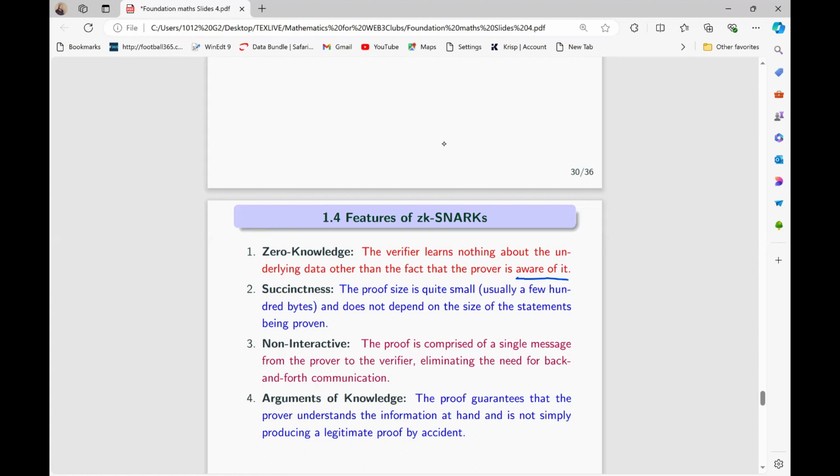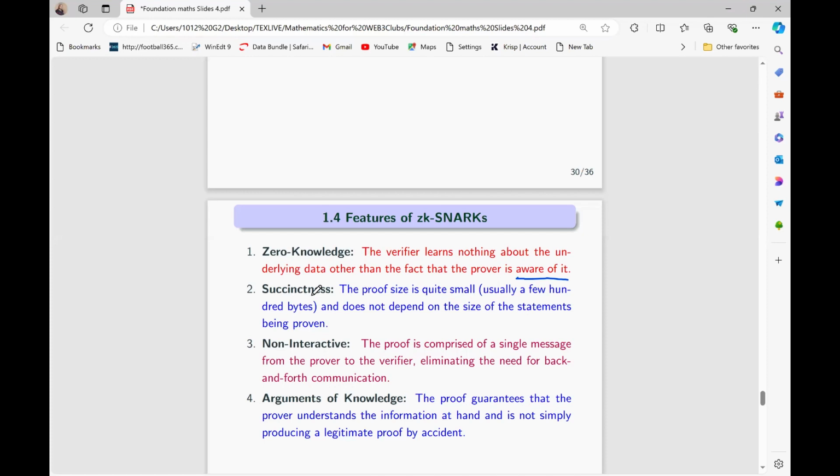I don't need to tell you what my PIN is for you to know that I know it, but I can prove that I know. So that is what we are saying, zero knowledge. The verifier, the person who wants to verify that you know the information, the only thing he should know at the end of the verification process is the fact that you know it, but he should not know what you know.